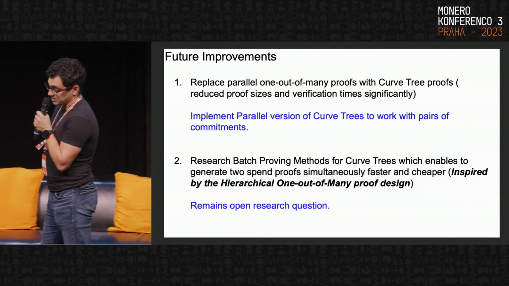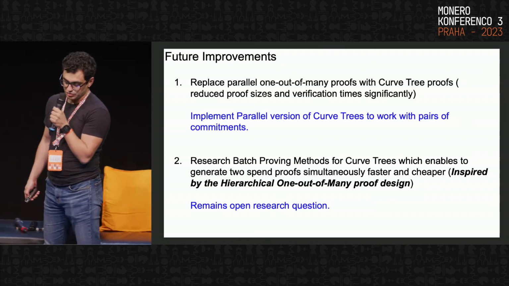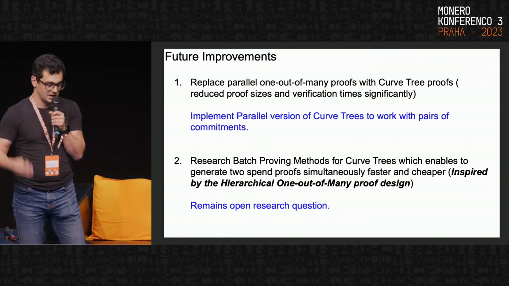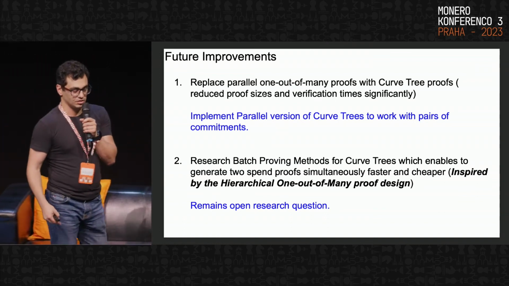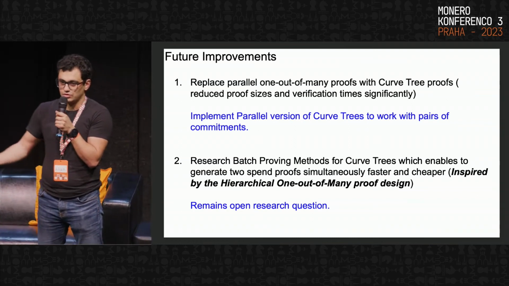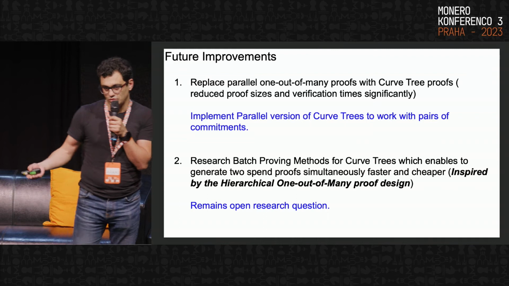It remains an interesting open research question whether we can implement something similar in curve trees to optimize proof generation, because in practice, in a spend transaction, you always have to generate proofs for at least two inputs.